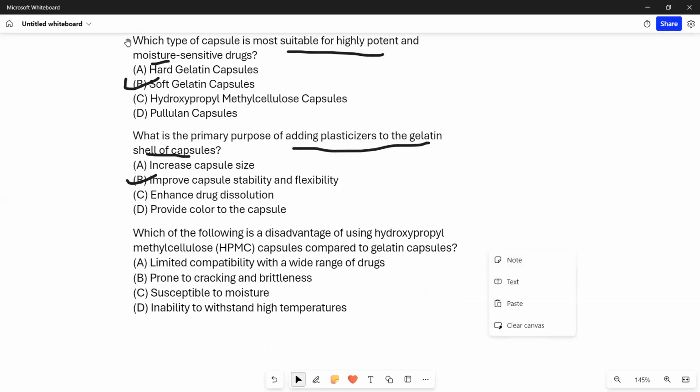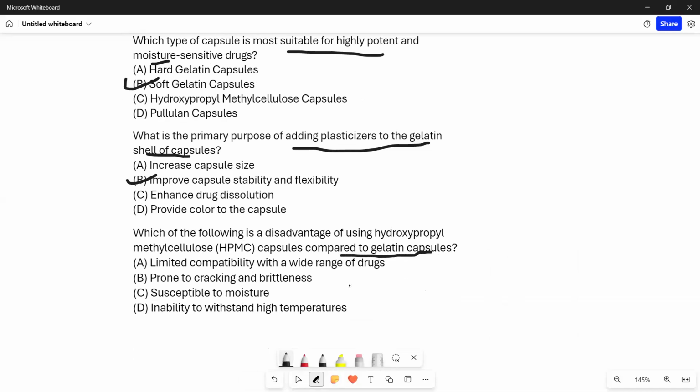Next question. Which of the following is a disadvantage of the HPMC capsule compared to the gelatin capsule? Provide me the answer to this question, guys. Everyone, try to read the question, understand the question, apply your concept, then answer the question. What would be the possible answer to this last question?